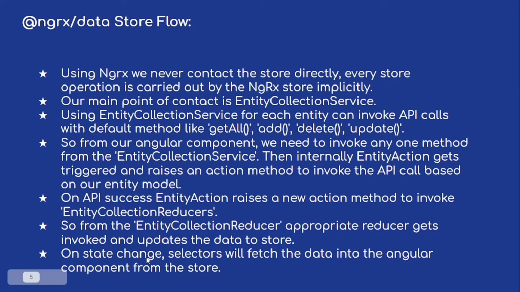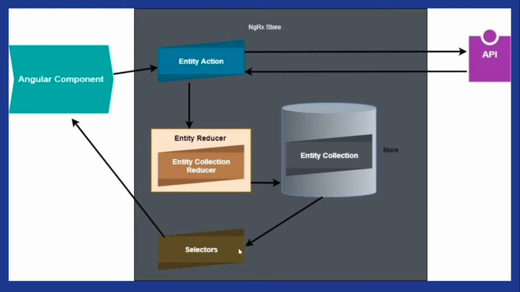On state changes, selectors will fetch the data from the store into the Angular component. Once the updated data is in the store, selectors automatically listen for the changes, and those changes are pulled from the store and updated into the Angular component. That is the flow that happens behind the scenes in the entity collection store.